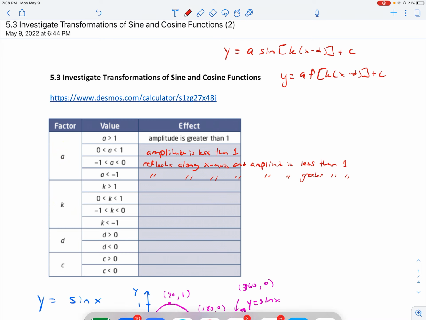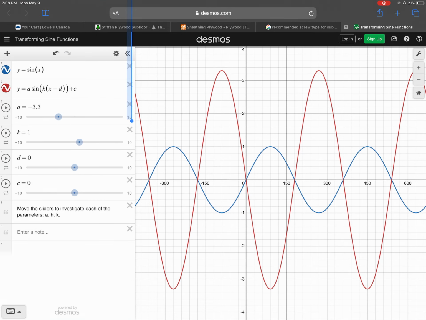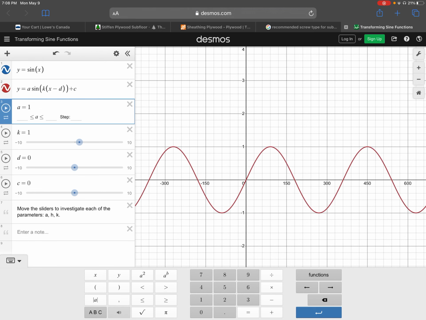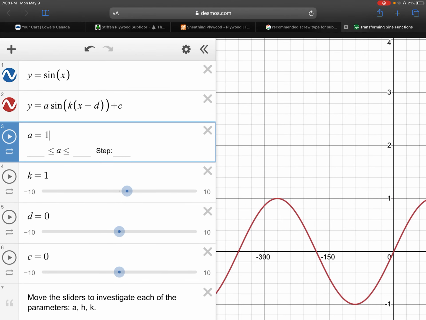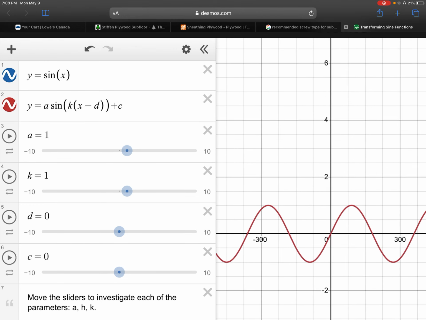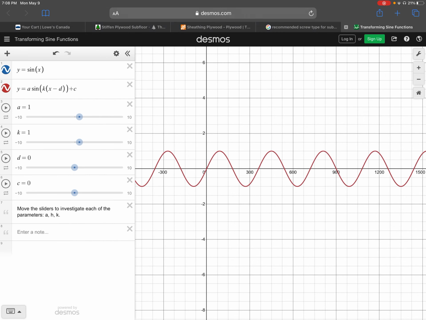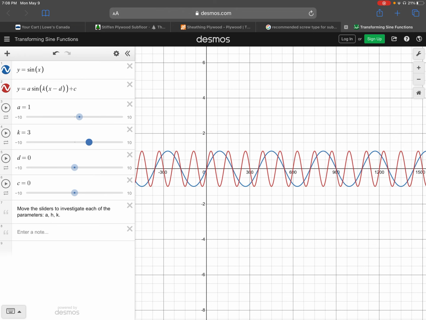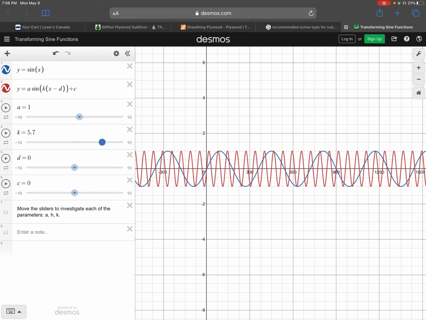What about k greater than 1? So let's reset this back to 1. So as I increase k, notice the red graph. It looks like it's being compressed like a spring.